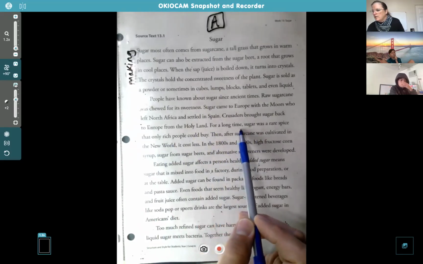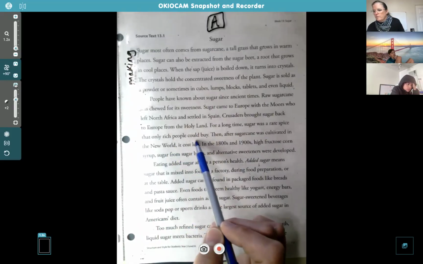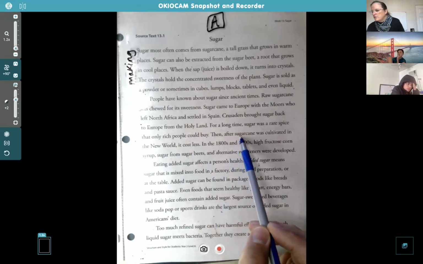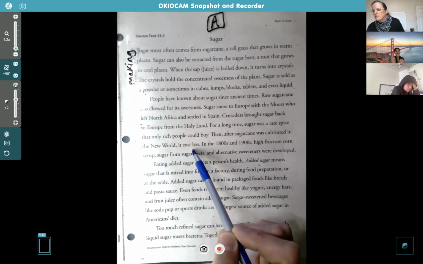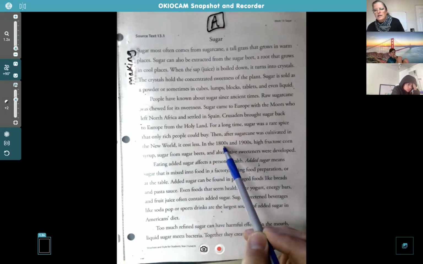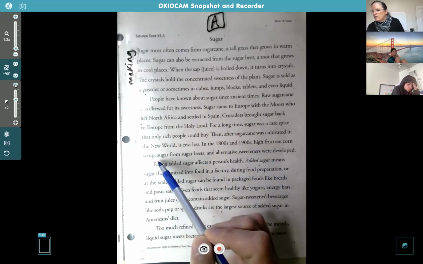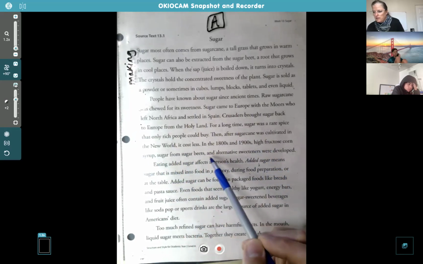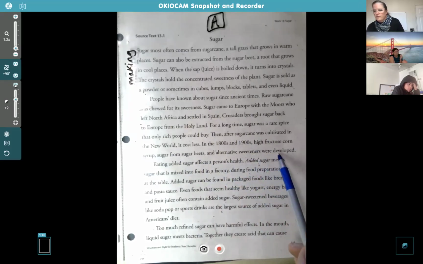For a long time, sugar was a rare spice that only rich people could buy. Then, after sugarcane was cultivated in the New World, it cost less. In the 1800s and 1900s, high fructose corn syrup, sugar from sugar beets, and alternative sweeteners were developed.